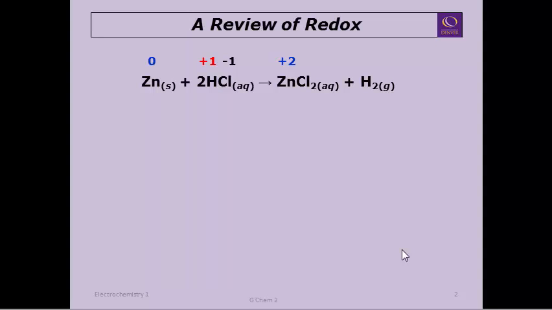So zinc is +2, chloride is -1, and then hydrogen is in its elemental state. Diatomics count for that, so hydrogen, nitrogen, oxygen, and fluorine. Those also would have that elemental state, so oxidation number of 0.